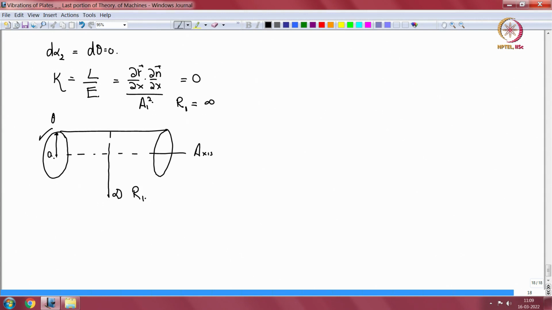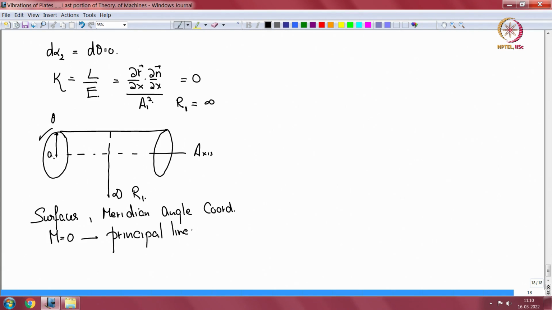Okay. So for surfaces of revolution, if we take the meridian and the angle as the coordinates, we will have M as 0, and these are the principal lines of curvature. There are proofs, but it's unimportant.